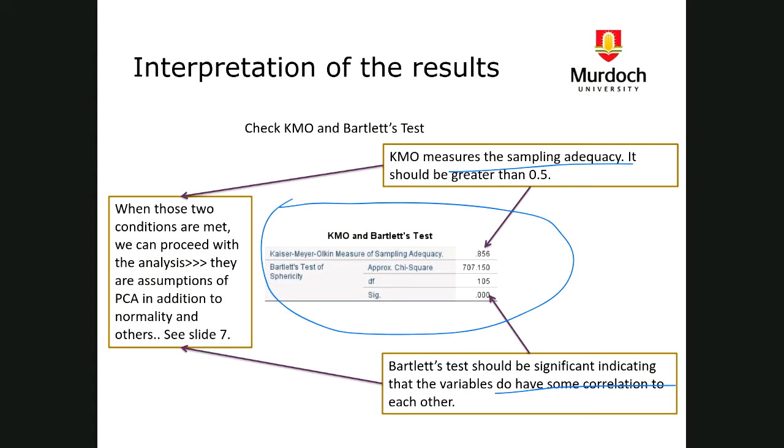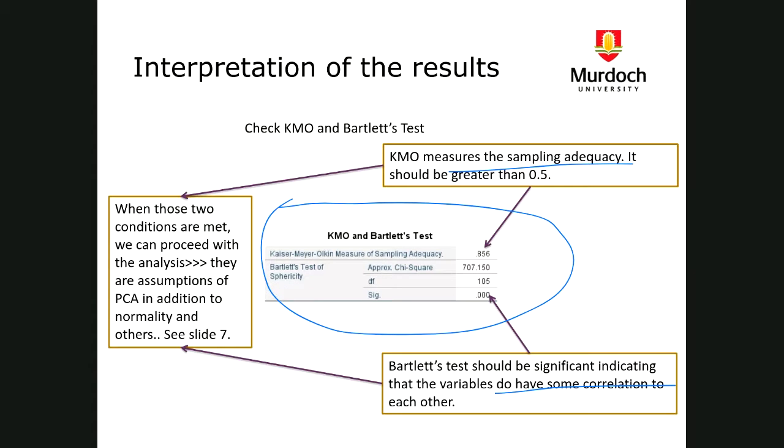Now the KMO measures sampling adequacy. We said at the beginning that one of the assumptions is that we have 5 to 10 cases per variable. We have included 15 variables, which means we need at least 25 cases in our data.